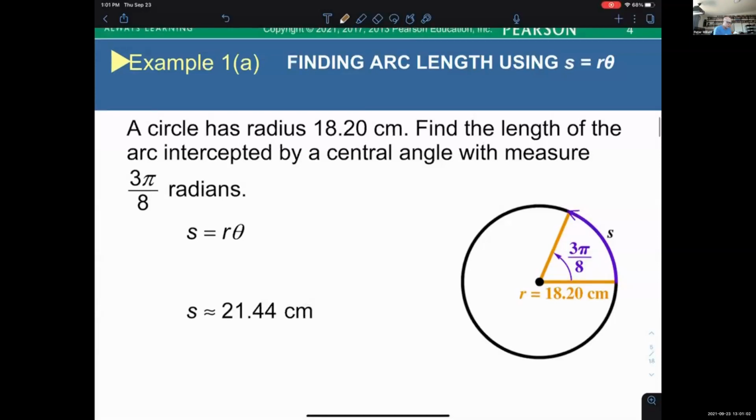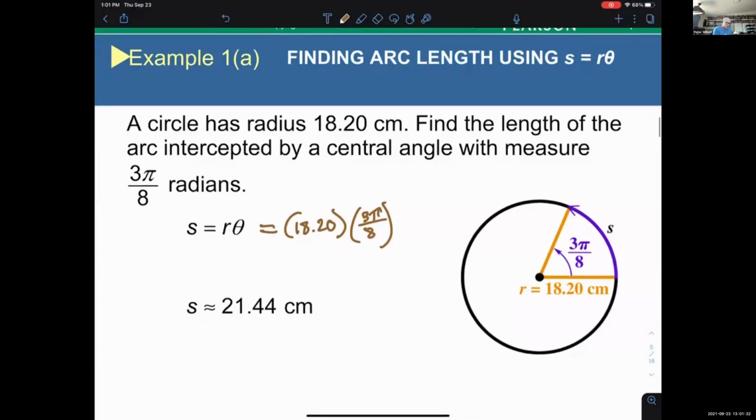So they're showing the formula, but if we continue, that would mean that I would get 18.20 multiplied by 3 pi over 8. You would take the angle measurement and multiply it. And since we're ending up with decimals and you're going to have to give some sort of approximation because pi is an irrational number where the decimal goes on forever, 3.14159, et cetera, you would just type all that on your calculator in order to get this value.